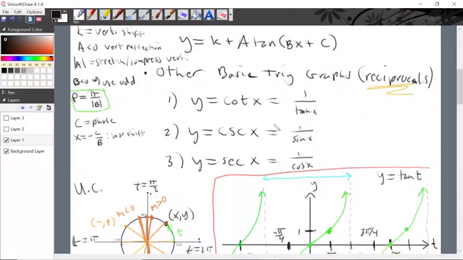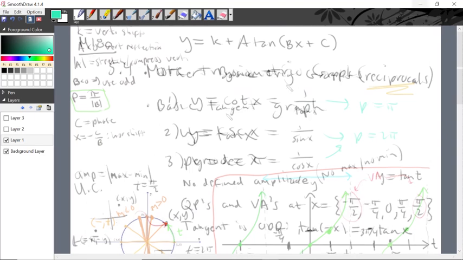Okay, again, the period of the cosecant and the secant is still going to be 2 pi. Right, each of these have a period equal to 2 pi, and the cotangent has a period of pi. It's the same as their reciprocal function as well.